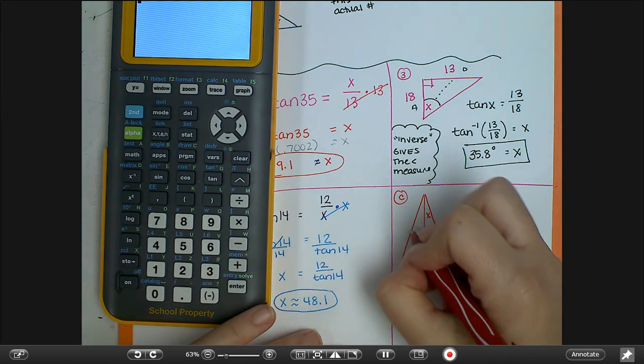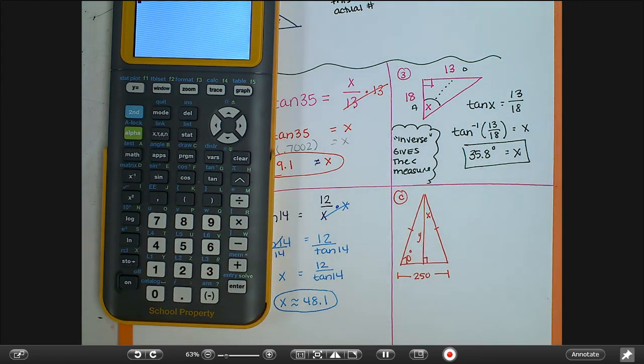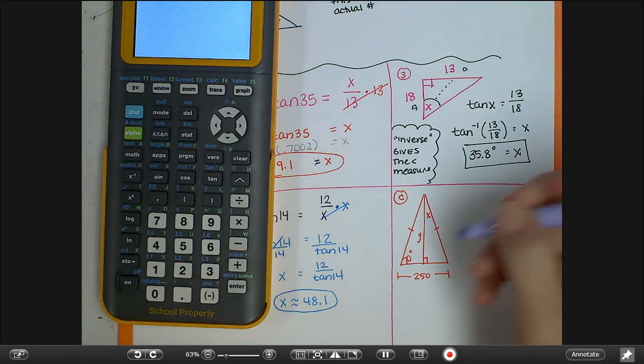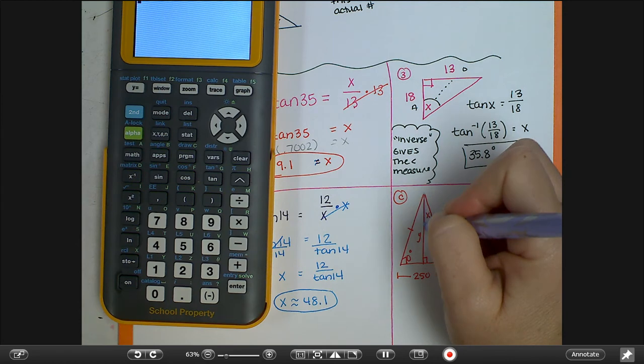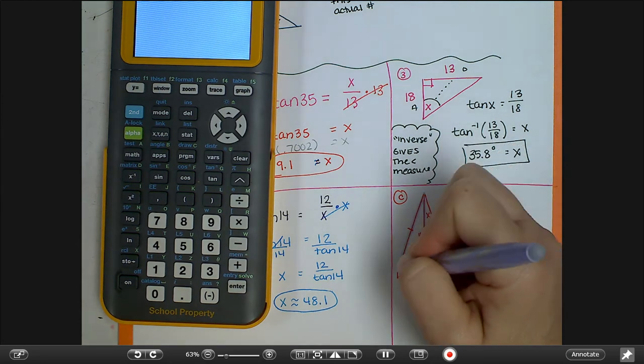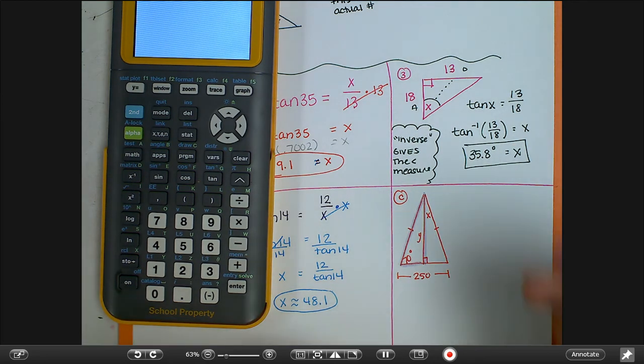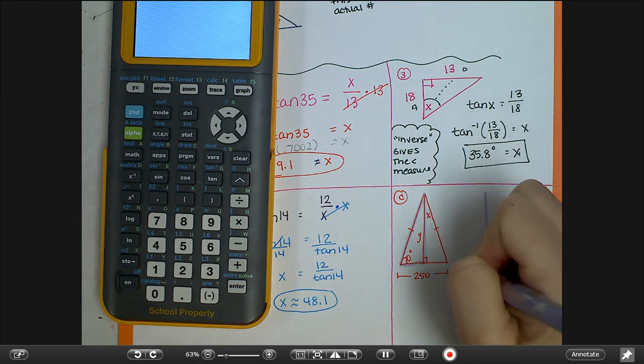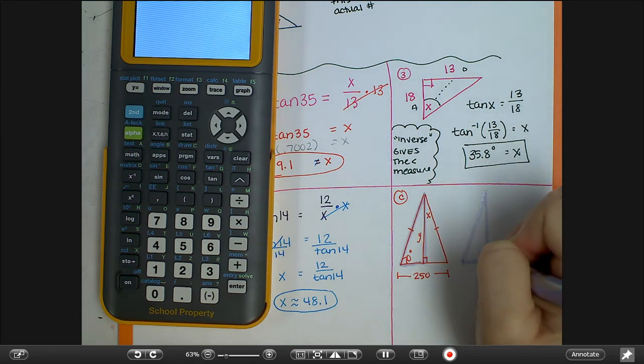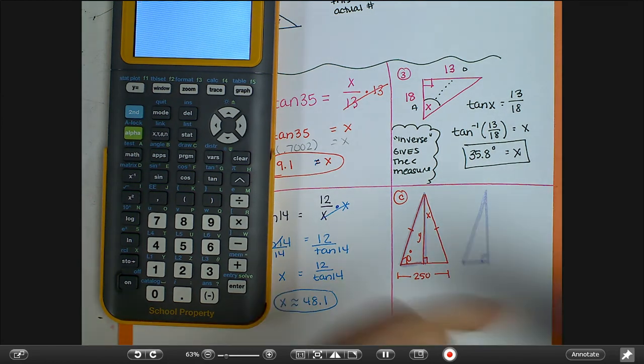Okay, I'm going to make these little marks for an isosceles triangle. All right, so we need to find x and y, and to do that, we're actually looking at two different triangles. We're going to look at this triangle here, and I'll draw it over here, separate. And we're looking at the other triangle too.